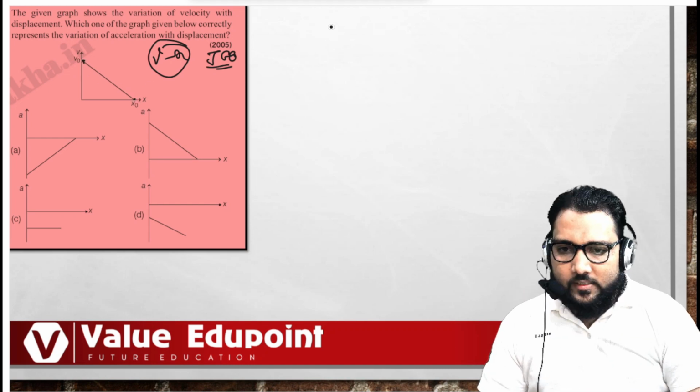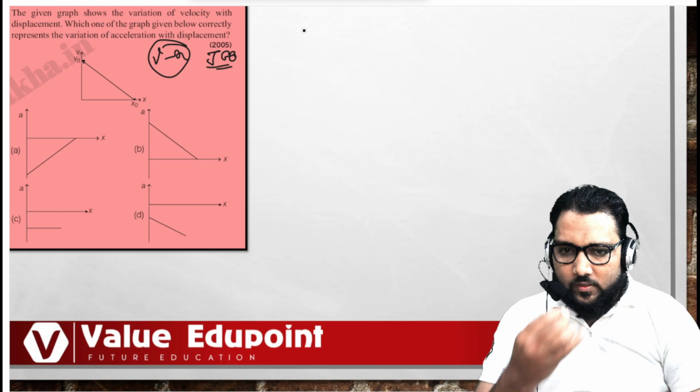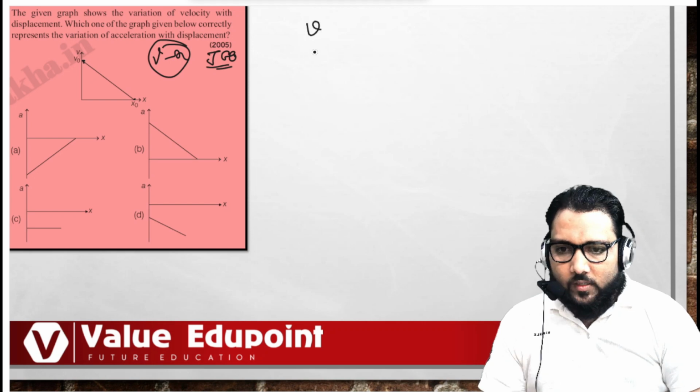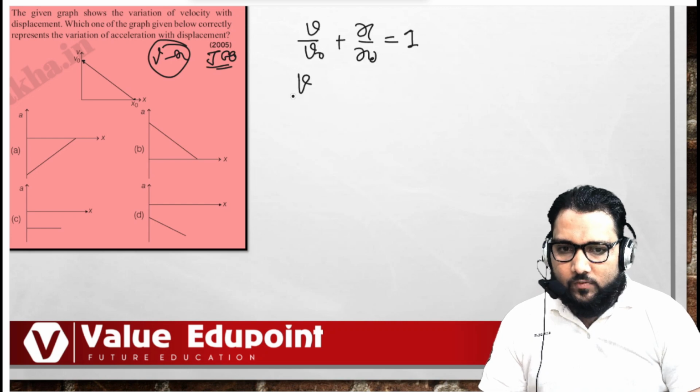So the equation, from basic mathematics, we will use the straight line equation, that is v upon v naught plus x upon x naught is equal to 1. Okay guys, so I am writing it this way, 1 minus x upon x naught.